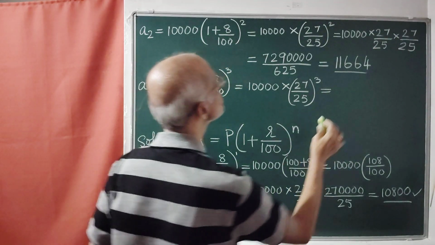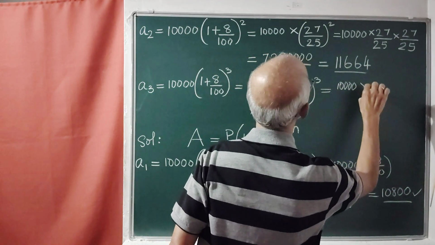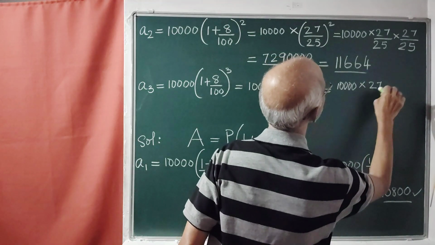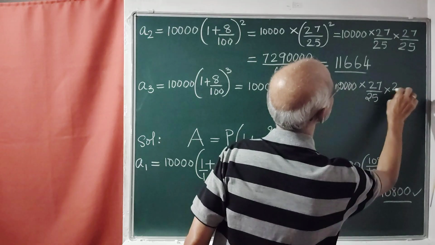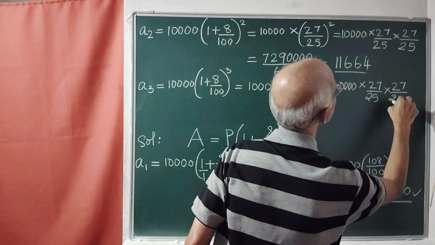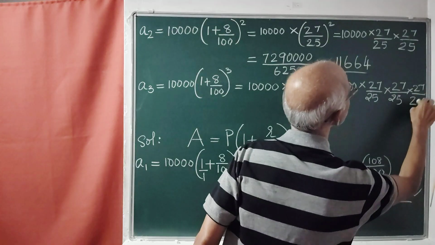That is 10,000 into 27 by 25 into 27 by 25 into 27 by 25.